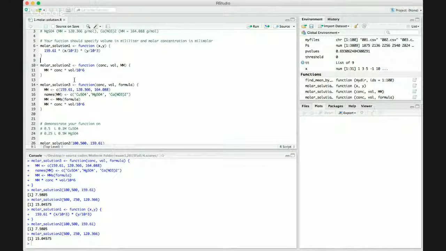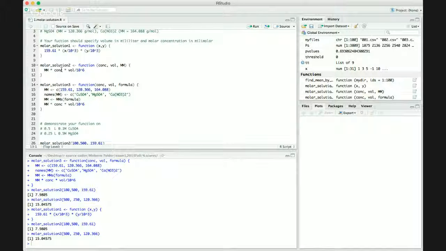So the second function that I came up with was molar solution 2. And this function contains the concentration, volume, and the molecular mass of the solution I'm trying to make. So here I multiply the molecular mass times the concentration times the volume and divide all of that by 10 to the 6th. And again, this will give us the correct units of milliliter and millimolar.